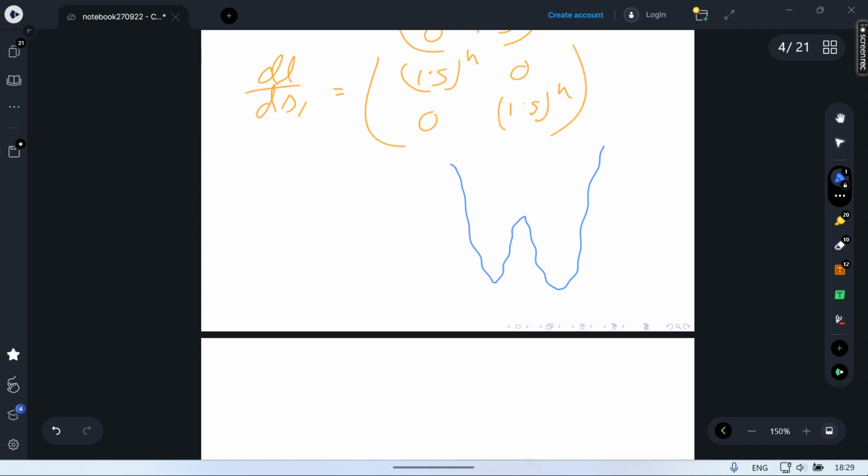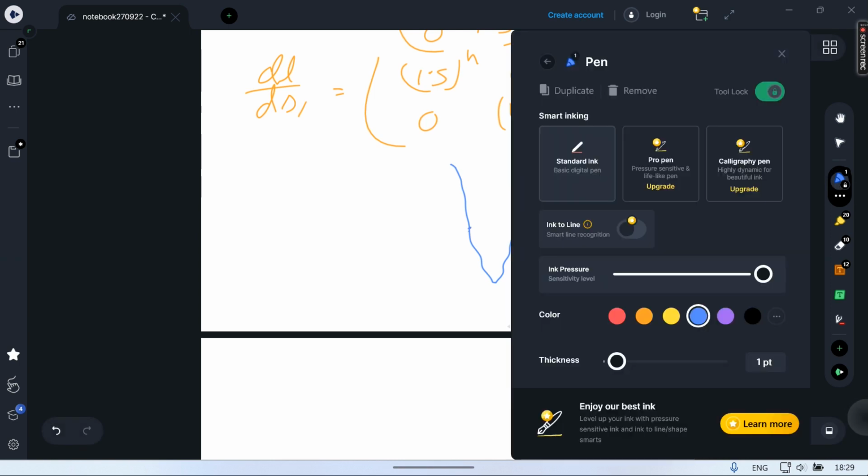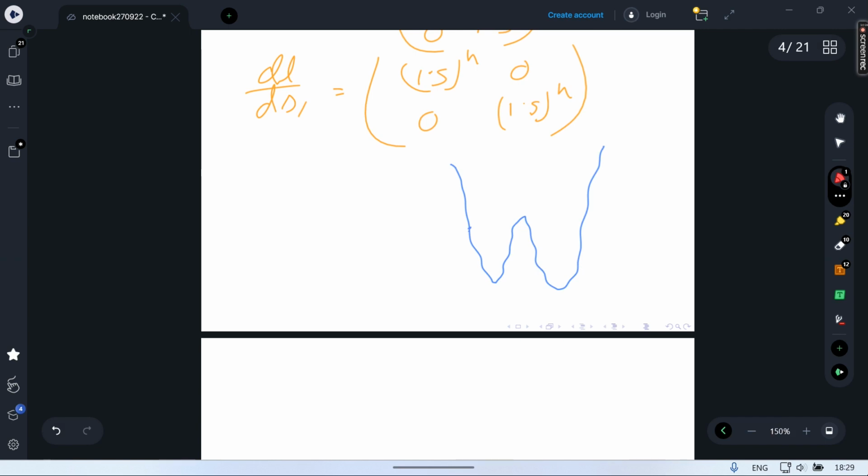If the gradients become very high, then for some moderate value of the learning rate, the loss might jump from this place to this place, then this place, then this place, like this. So instead of the loss decreasing, the loss might increase with the training iteration.